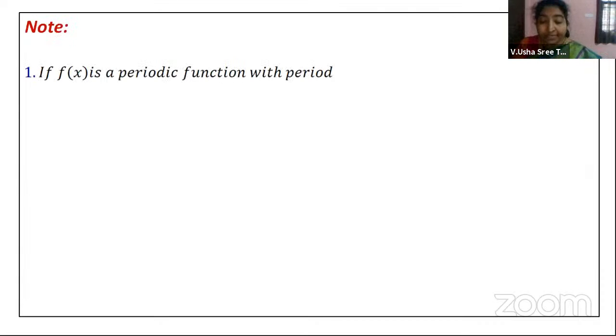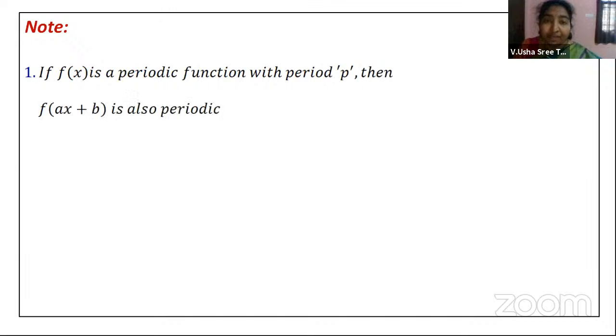Now children, if f of x is a periodic function, we will see the important points. If f of x is a periodic function, like a sine function or a cos function, any periodic function, and we define the period of that function as p, then f of ax plus b is also periodic, and the period of this function can be calculated by taking p by mod a.